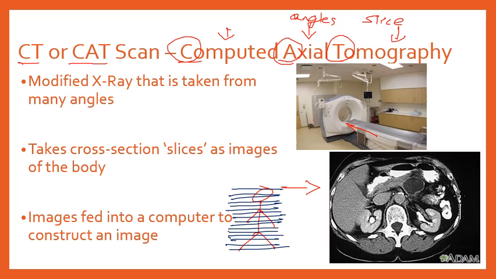And you get these really clear pictures. So if we're looking at this picture right here, right here and right here, those are kidneys. This right here, spinal cord.